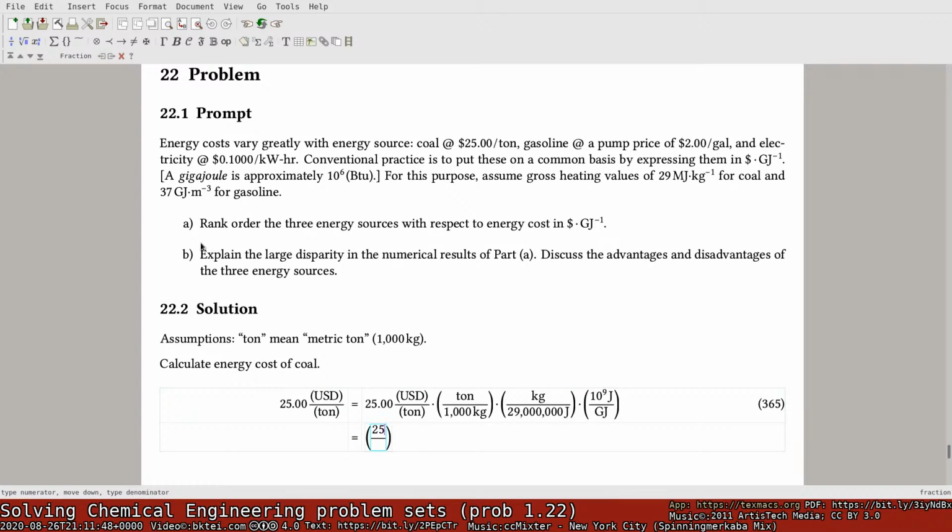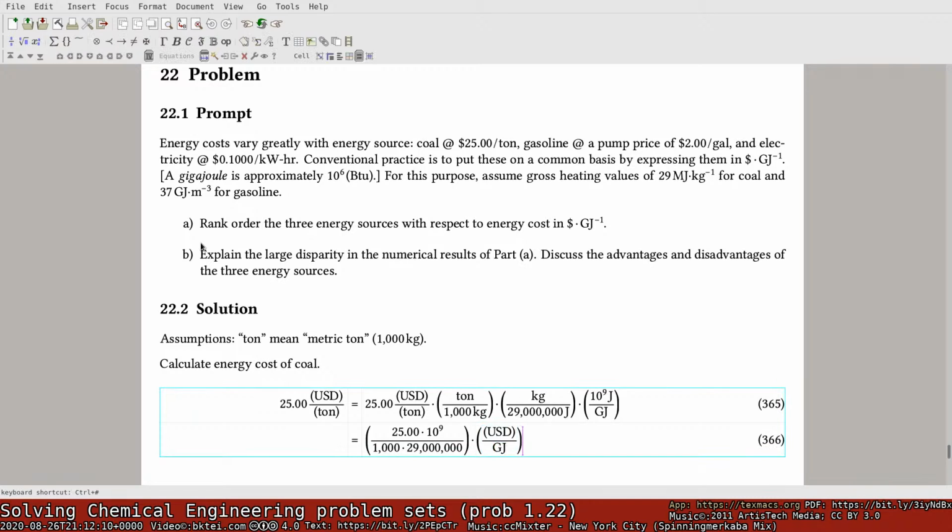Okay, that's 25 times 10 to the 9, divided by 1,000, divided by 29 million, in units of USD per gigajoule. Should plug that into the calculator.